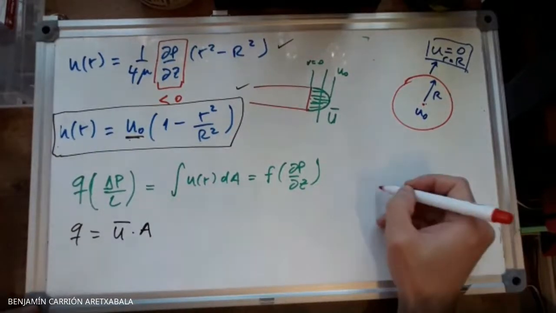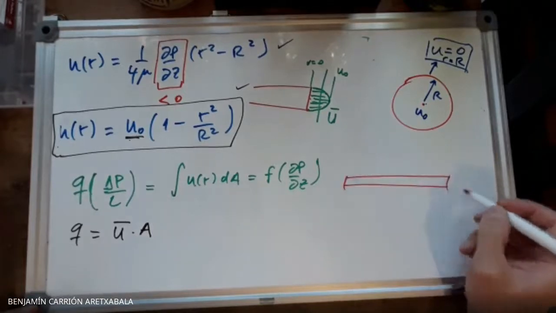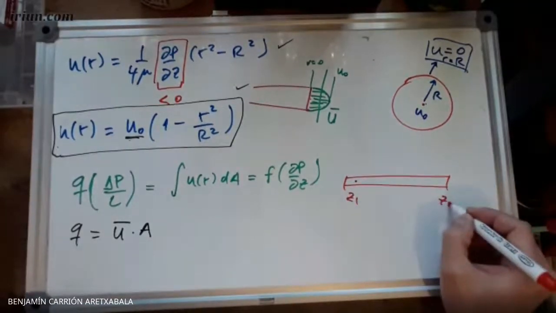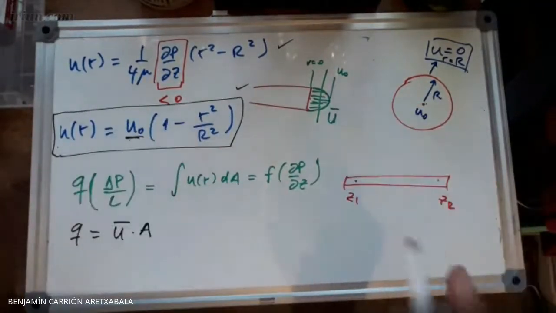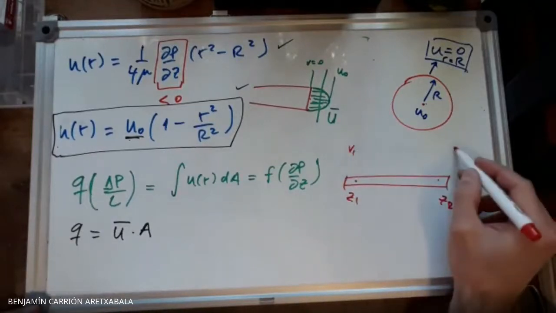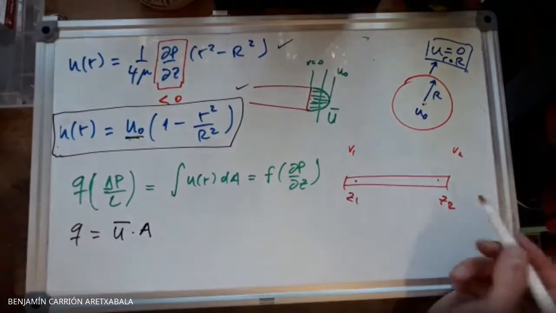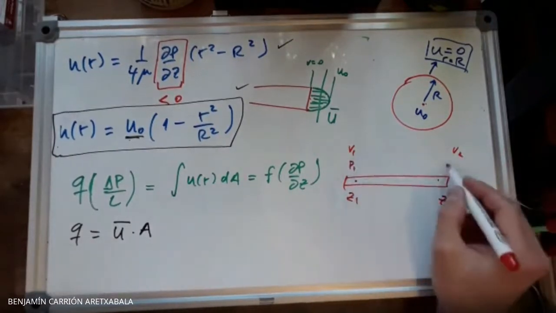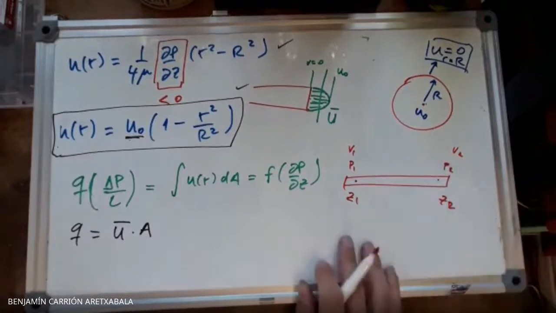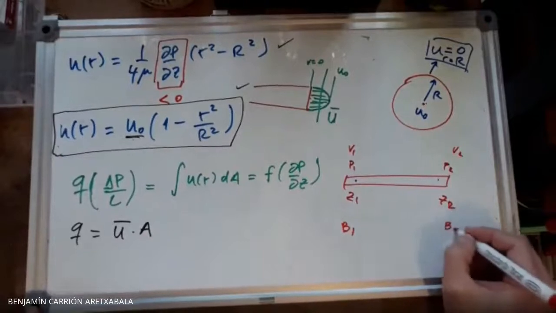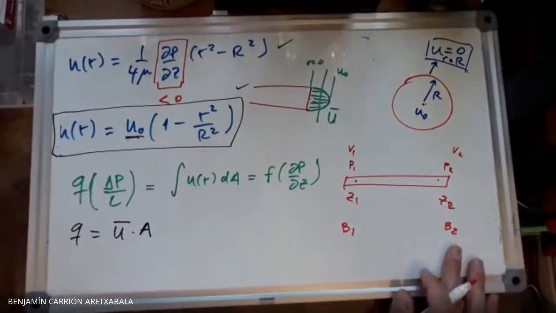You don't need to remember this, but since you're asking, all of this development assumes that z1 is equal to z2, like a horizontal pipe, right? By continuity, v1 has to be equal to v2, because the area is not changing. So the only thing dropping is the pressure. Now, if you remember, the Boussinesq here has to be the same as the Boussinesq here, right?